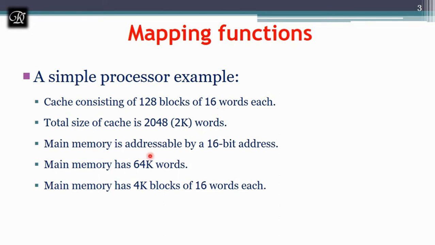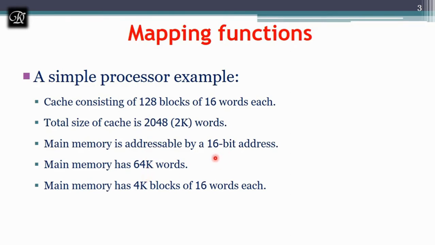I will get the total number of blocks available in the main memory. I have 4K blocks in the main memory and 128 blocks in the cache memory. You can see the difference now. The total size of the cache is 2K and the total size of the main memory is 64K.